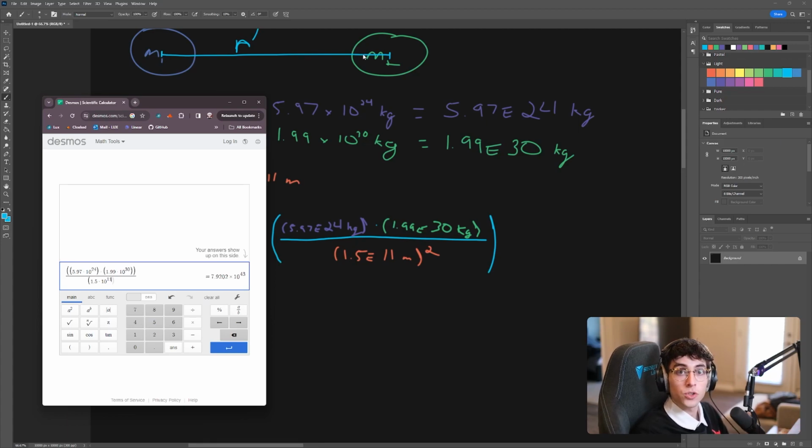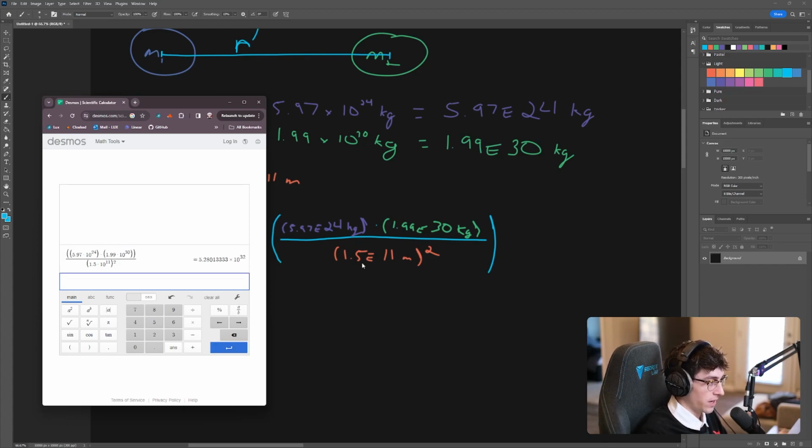And again, we're assuming perfect spheres. Then right arrow again to get out of the exponent, and we're going to square this again. It gives us our answer right here, 5.28 times 10 to the 32nd.